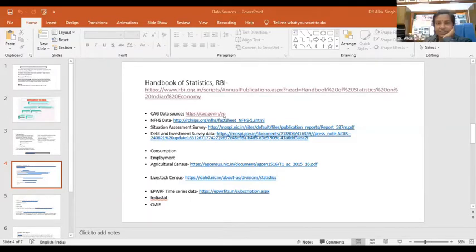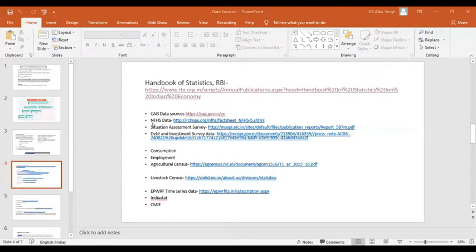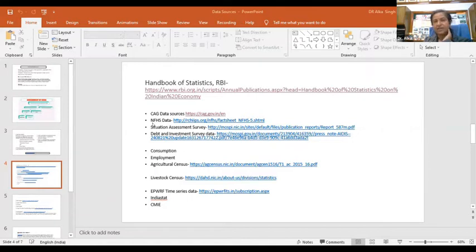So we have just discussed this CAG data also. Now another important data is National Family Health Survey data. Now National Family Health Survey 5 data has just arrived, and this data is having the state fact sheet, that is state-wise indicators, in terms of sanitation, in terms of malnutrition of children, malnutrition of adults, in terms of obesity, in terms of underweight, in terms of stunting, in terms of other indicators of malnutrition or sanitation or health related statistics.